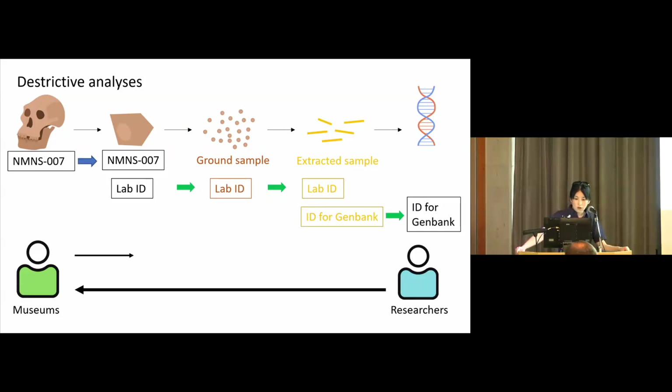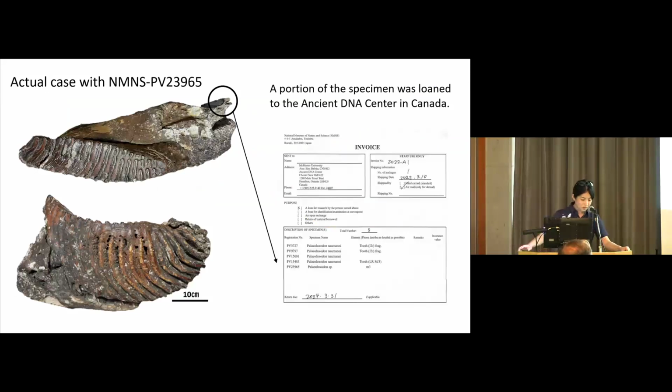And if not all, some portion of the 007 piece would be ground up and go through further extraction processes. The resultant data may be stored in a proper online database, and it has its own ID as well. In the whole process, the researcher would know precisely where the original specimens are located and can track the entire process backward, but for museums, not so much.